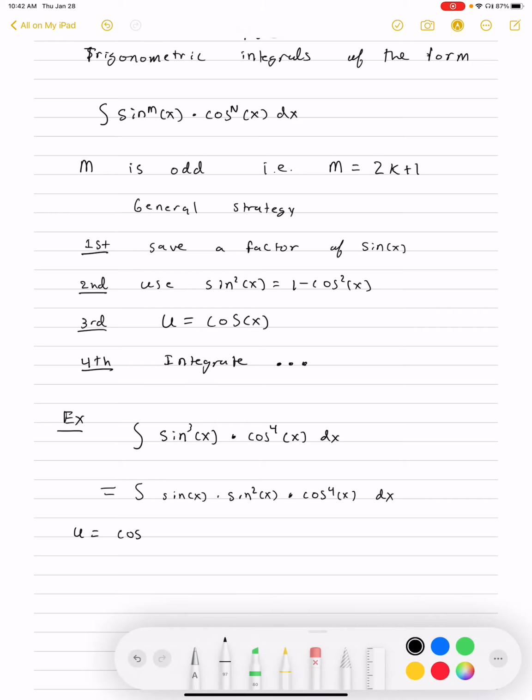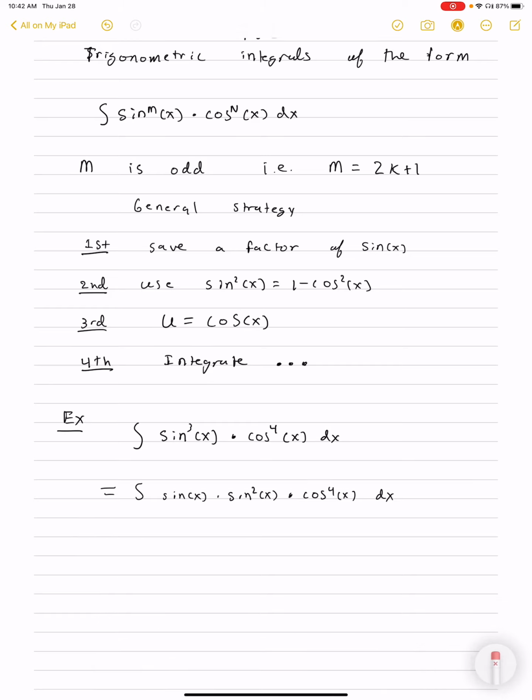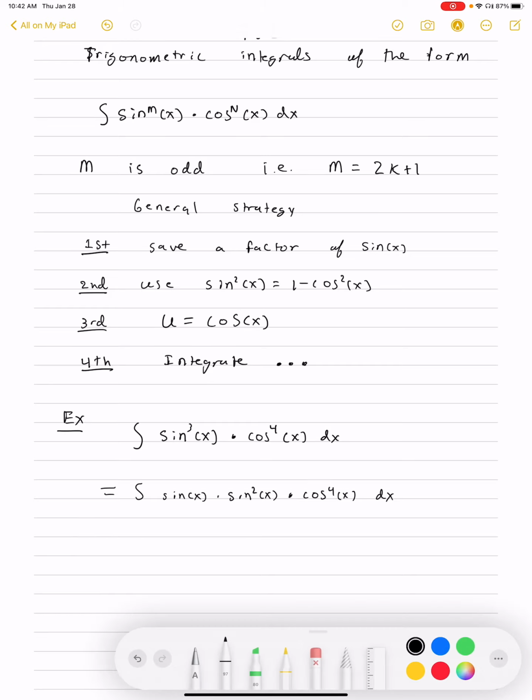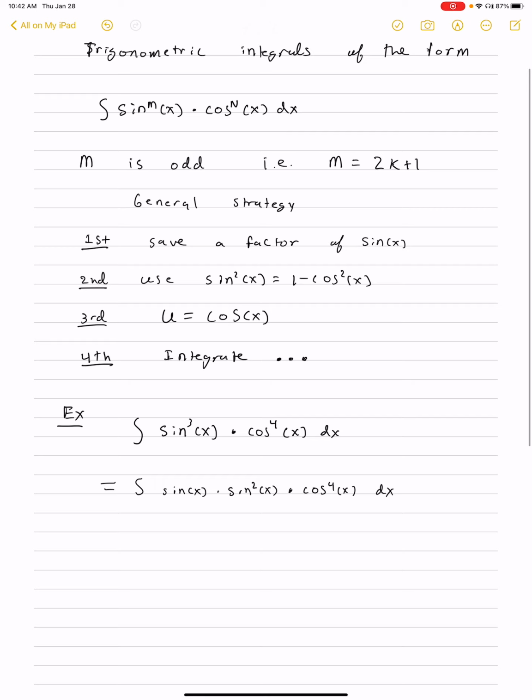Excuse me, I missed one step. Before we do that u substitution, I need to write everything in terms of cosine except for this very first term of sine of x. So I'm going to move this sine of x over here. So the saved factor is going to be sine of x dx.